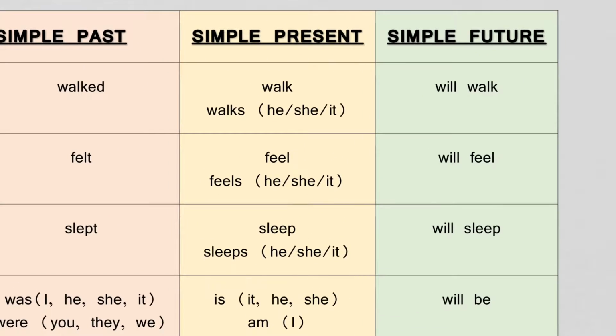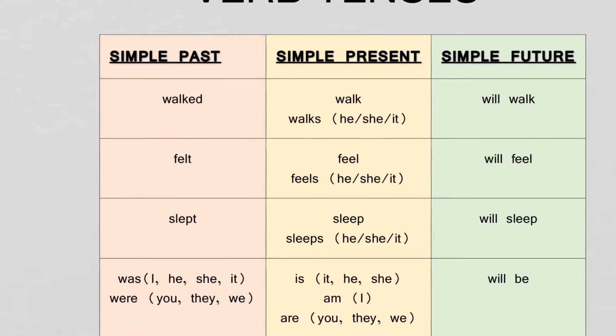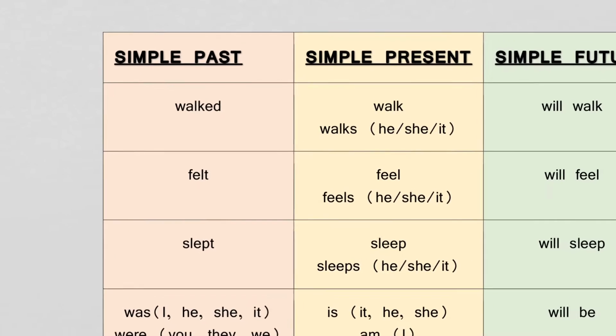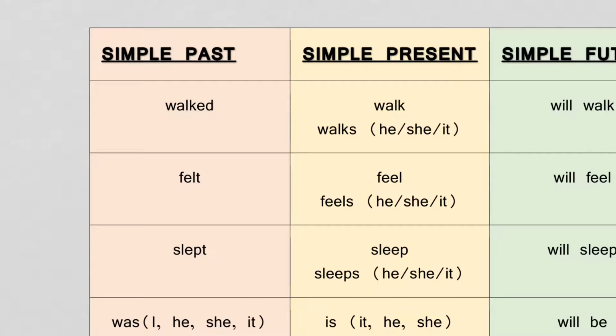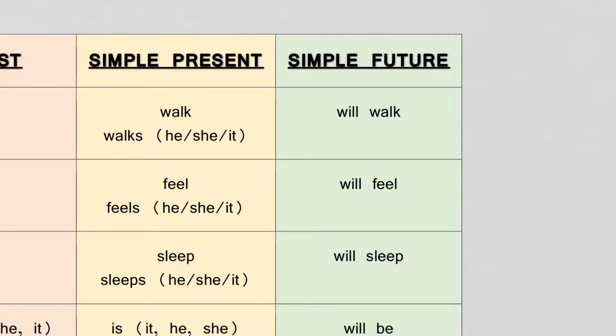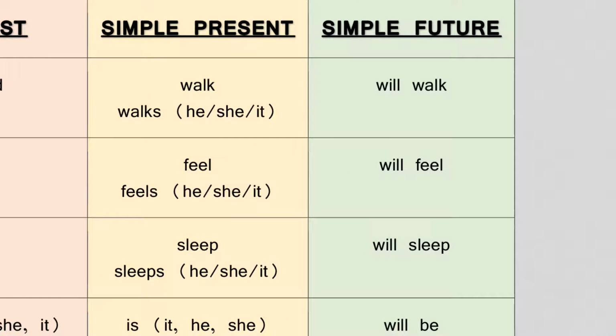So let's look at the first verb and the first tense, walked. Right? I walked to the store. That happened at some point in the past. Or in the present tense, I walk to the store every day. You notice here, I also have walks, W-A-L-K-S.